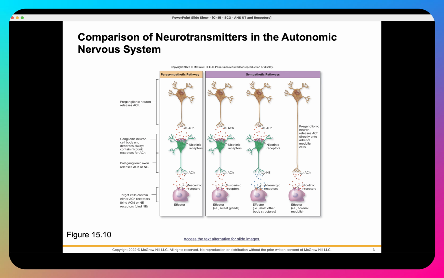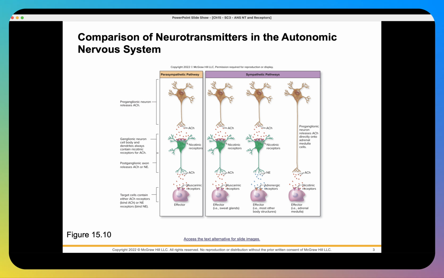Now, I'm not going to spend any time looking at the first example of the sympathetic pathway, because it's cholinergic, and I don't really want you to think that this is a very large amount of sympathetic innervation. So keep in mind, I'm not going to put a lot of emphasis on that.